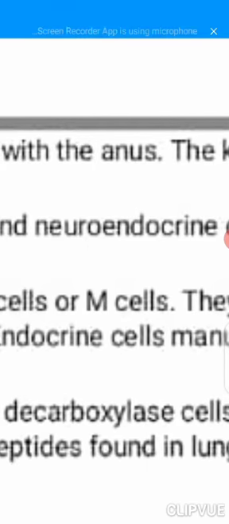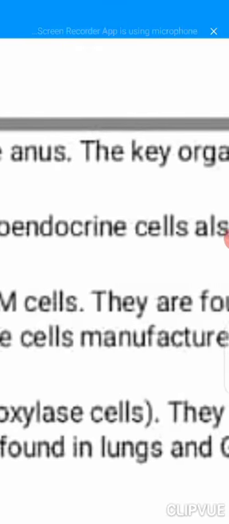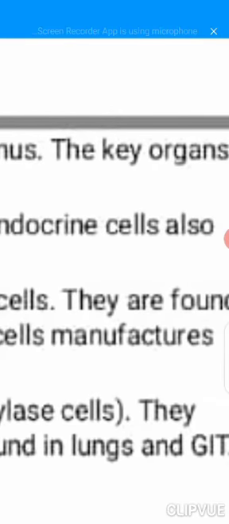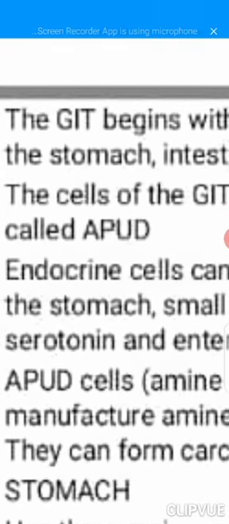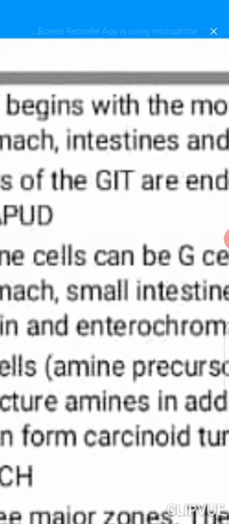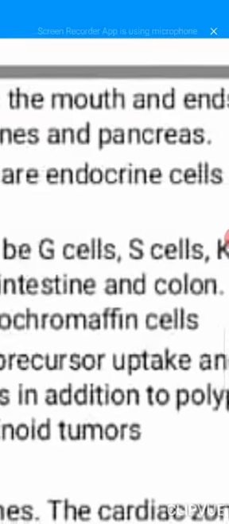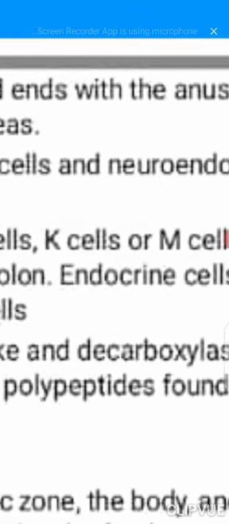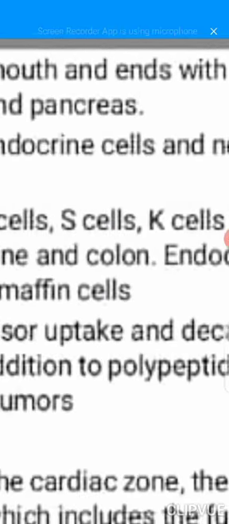They are hormones, but they can act as neurotransmitters sometimes. Now, these neuroendocrine cells are also called the APUD cells. APUD for amine, precursor, uptake, and decarboxylase cells.